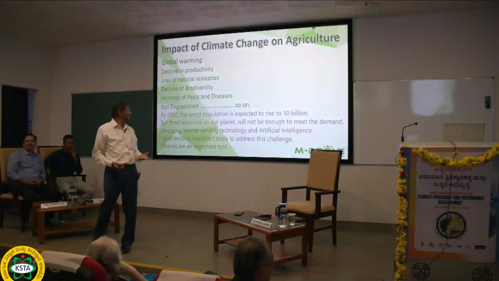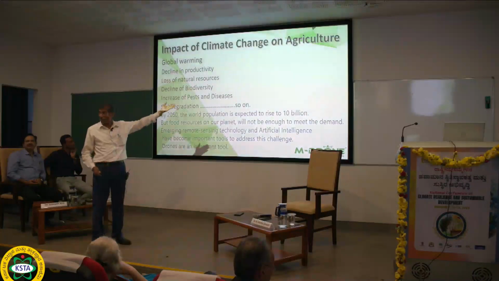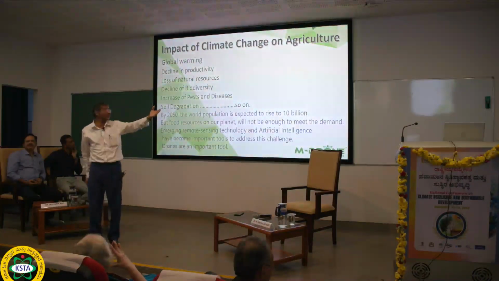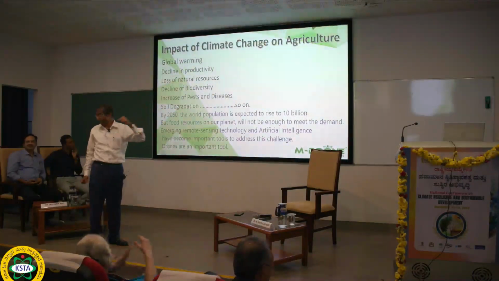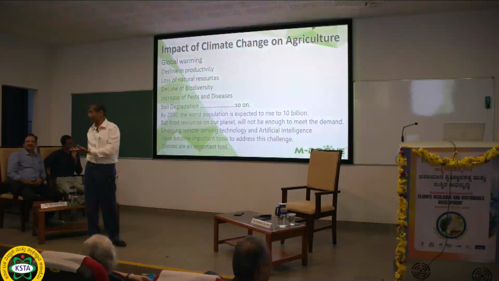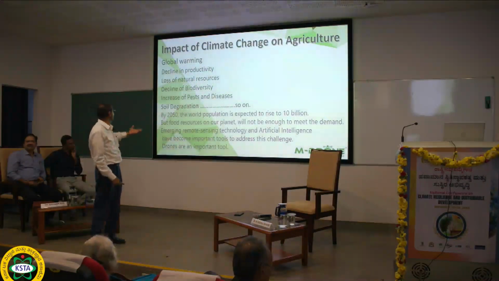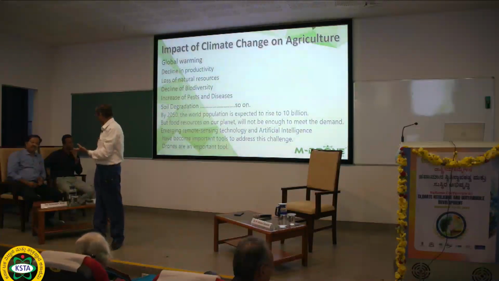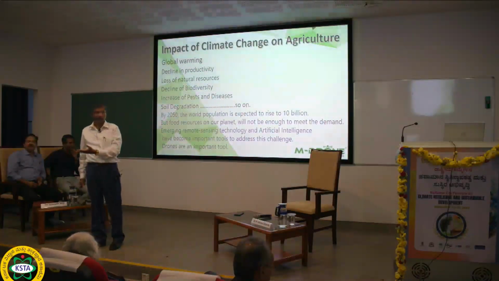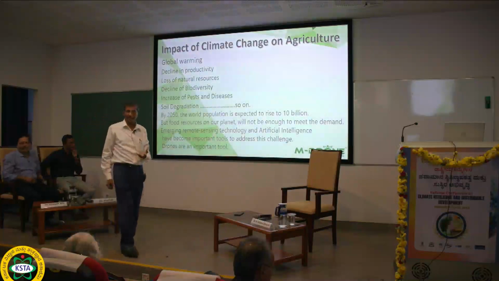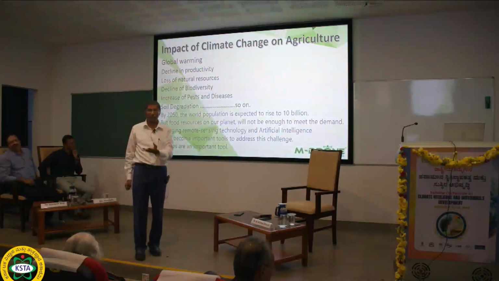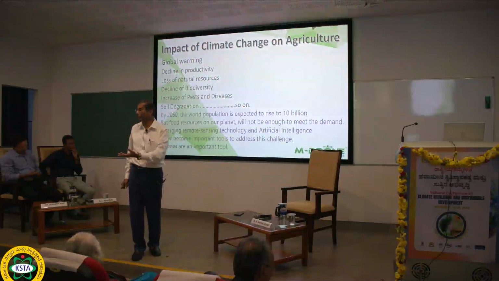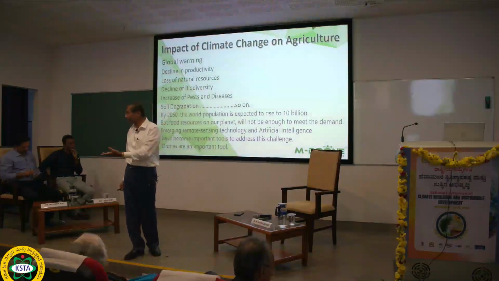The degradation of the land, loss of natural resources. Slowly, we are losing a lot of natural resources. Decline of biodiversity, deforestation, forest fires, and pests and diseases are increasing. Today, for a lot of crops, pests and diseases are increasing every day. Year after year, new pests and new diseases are coming up.